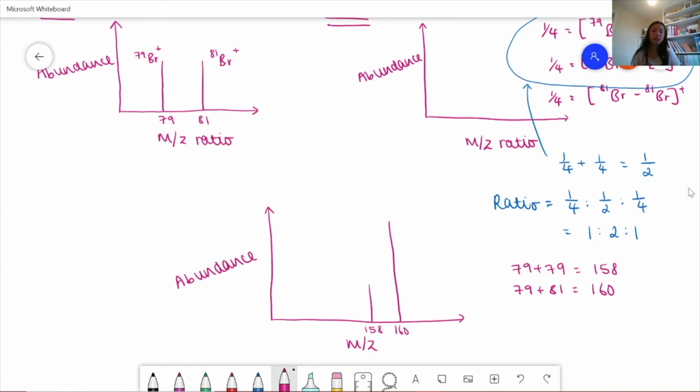And then finally we'll have a peak at 81 plus 81, and this is equal to 162. So this is the same height as the first one. And so here we have the peak from the two 79s, and this is a positive ion. Then at the top we have a 79 and an 81. And then on the right we have two 81s.